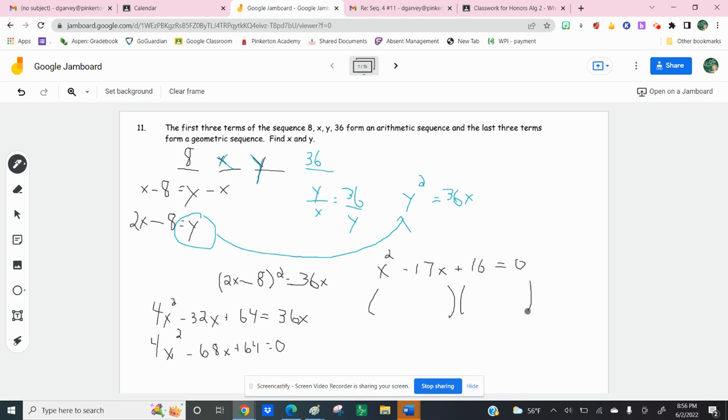I can split my x's, so x and x. This is positive and this is negative, so it tells me both signs would be negative. This would be 16, this would be 1. And so now I know that x equals 16 or x equals 1.